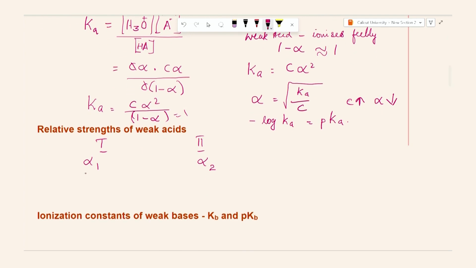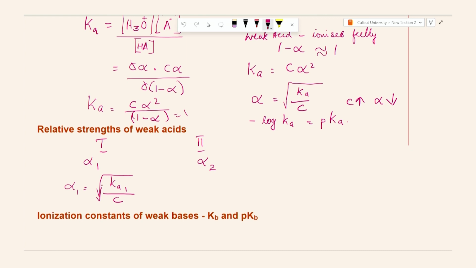We know that alpha is equal to the square root of Ka by C, where Ka is the ionization constant of an acid. Now, putting the subscript 1 for the first one, this can be written as alpha 1 is equal to the square root of Ka 1 divided by C.